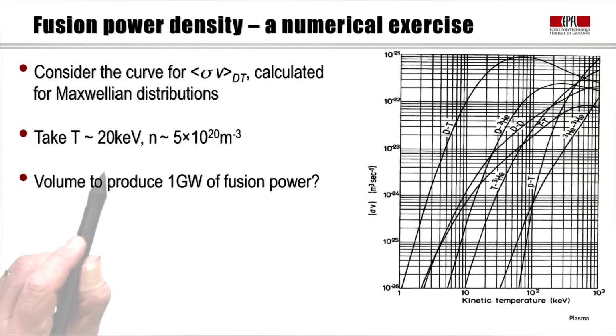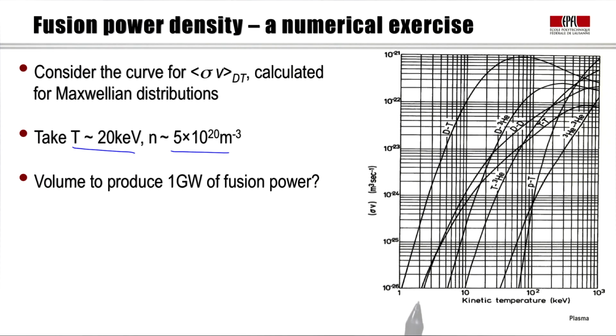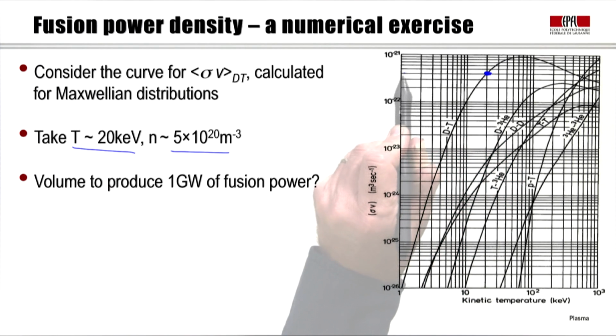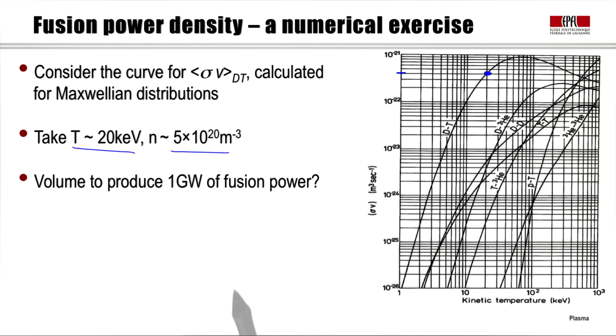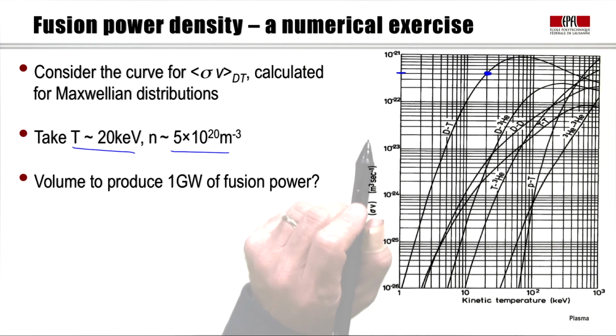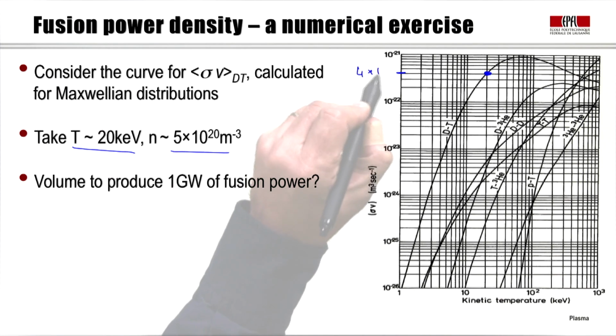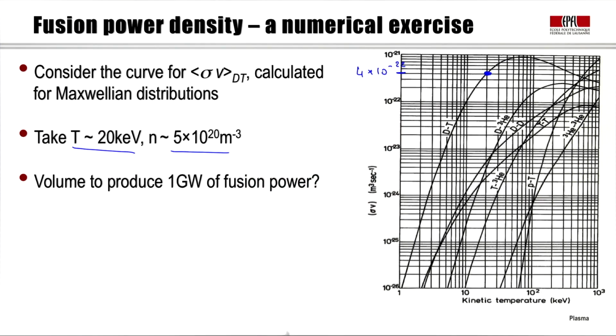We're supposed to have a plasma at 20 keV and a density of 5 times 10 to the 20 per cubic meter. So we look up the curve plotted here for 20 keV. It's this line, and we consider the value that corresponds to that temperature for sigma V. That value is about 4 times 10 to the minus 22 meters cubed per second.